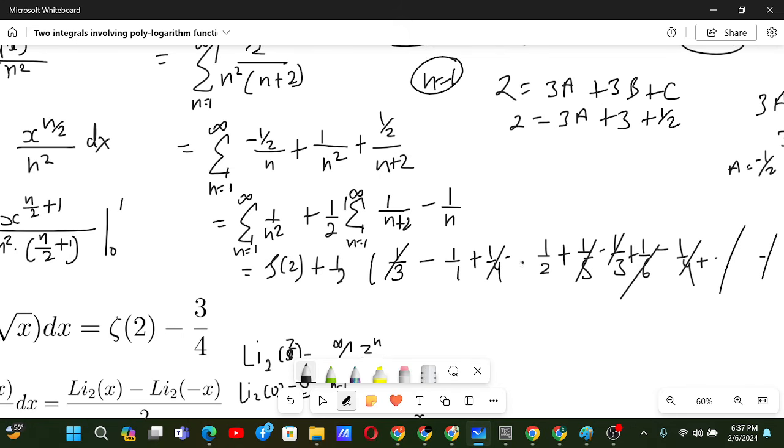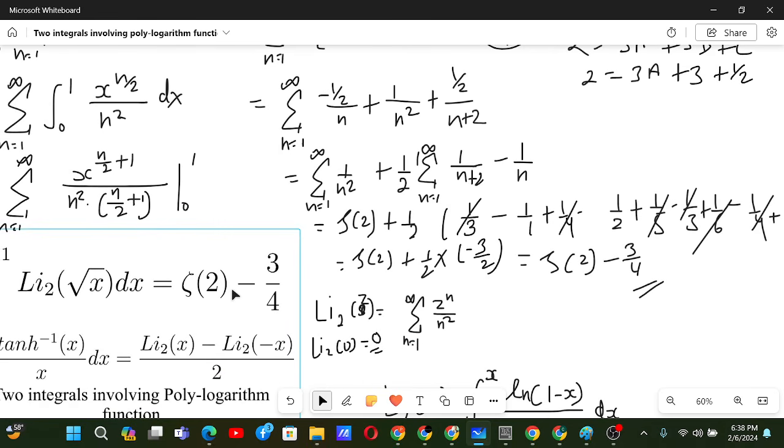So what remains is just these terms. So we have Riemann zeta of 2 plus 1/2 times minus 3/2. So we are left with Riemann zeta of 2 minus 3/4, and that's the answer.